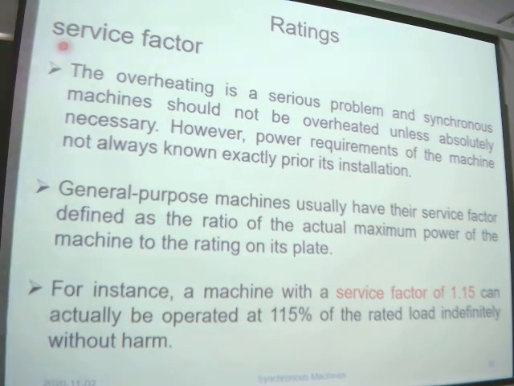And we see the service factor. Generally, the service factor is 1.15, just 15% up to the rated power.